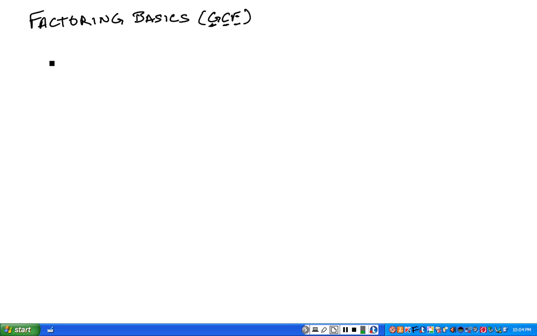Now, when we're talking factoring, the easiest way I can put it is to say it's similar to division in that it's like undoing multiplication.